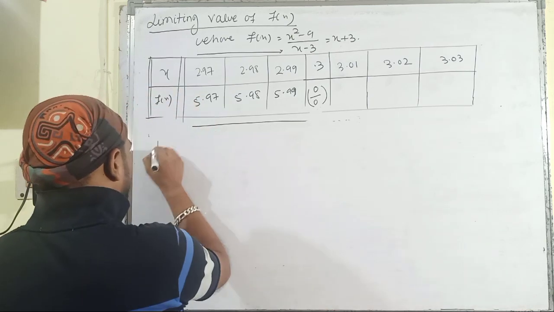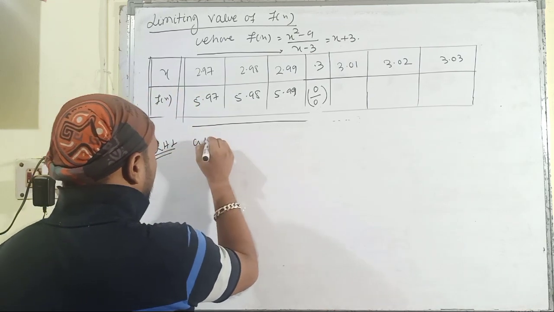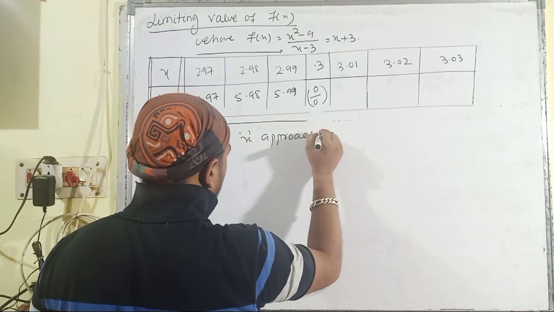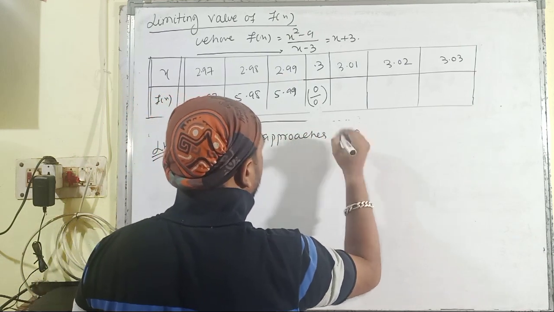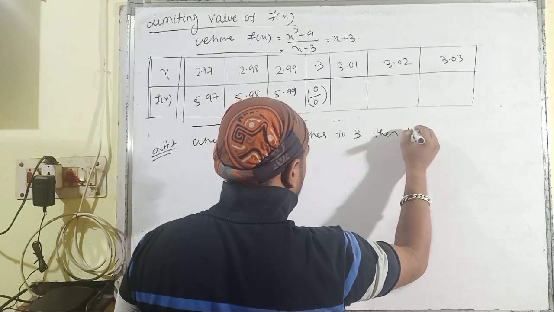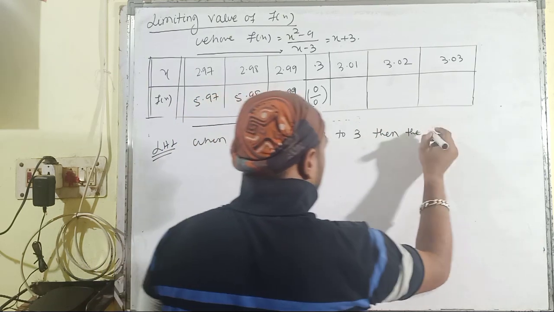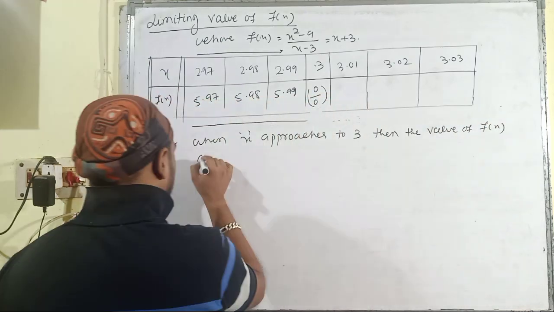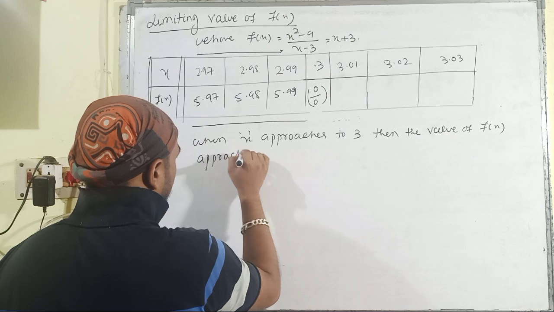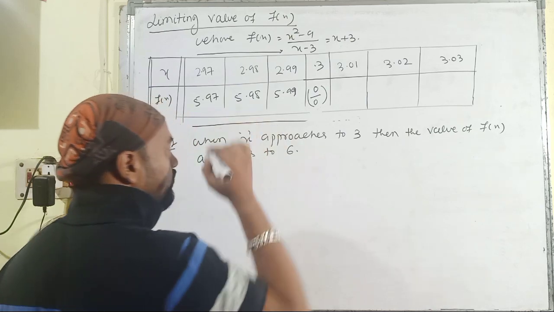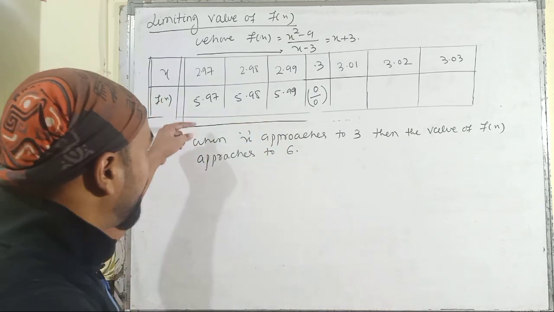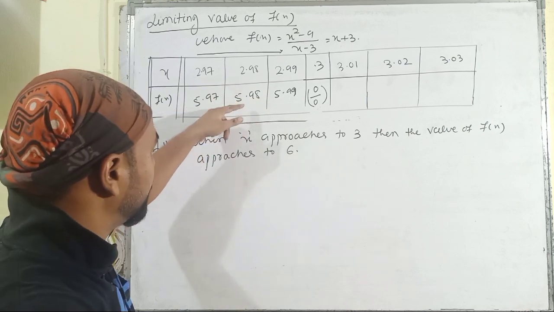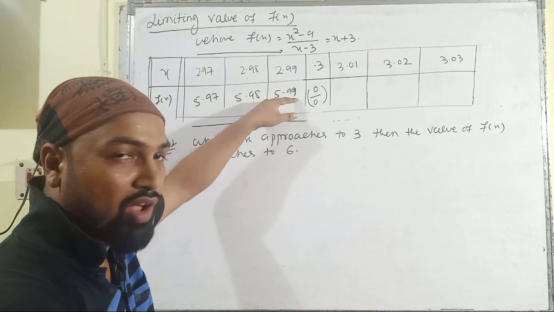So when x approaches to 3, the value of f of x approaches to 6, because 5.97, then its next value 5.98, then its next value 5.99.